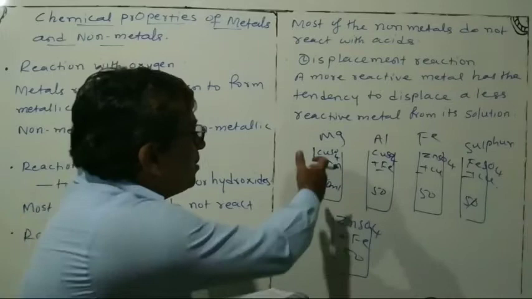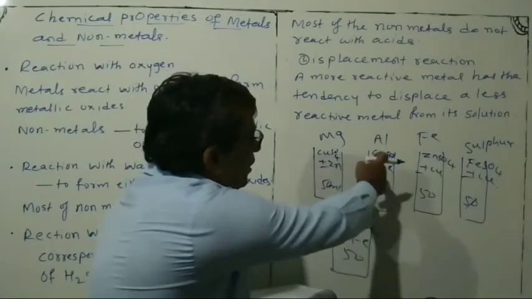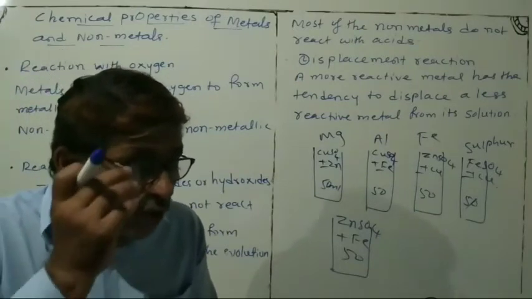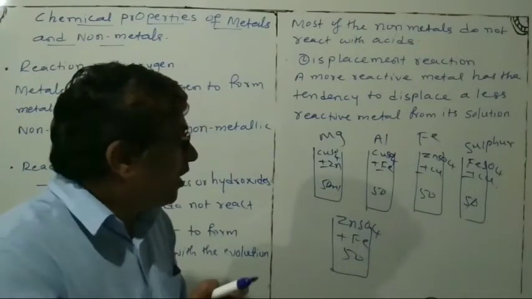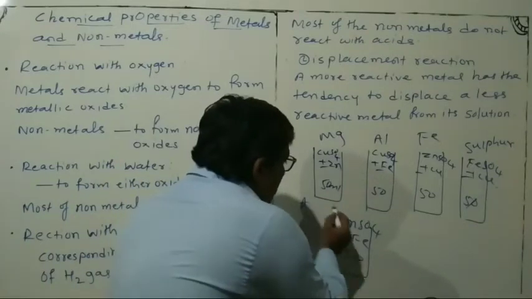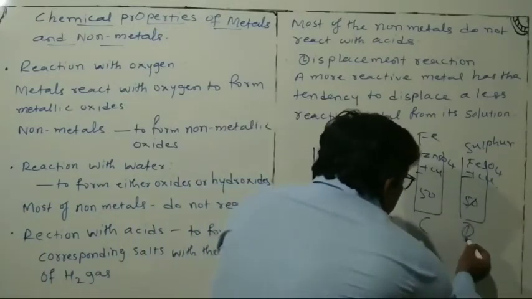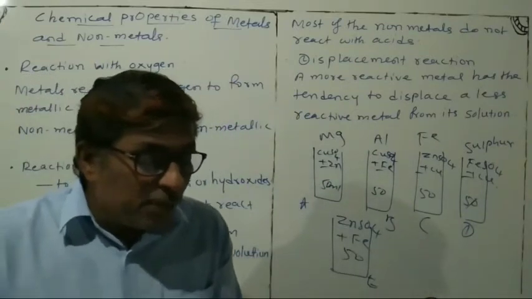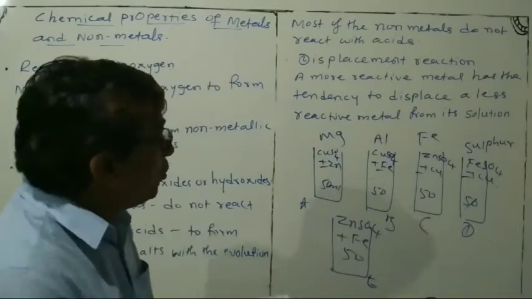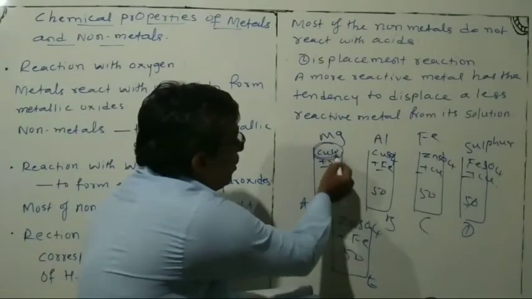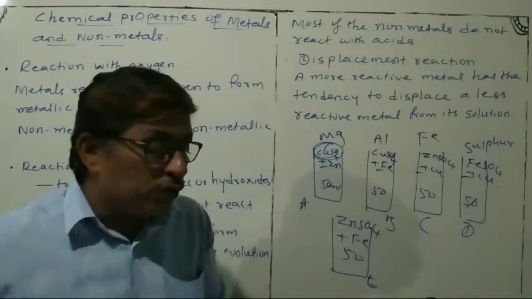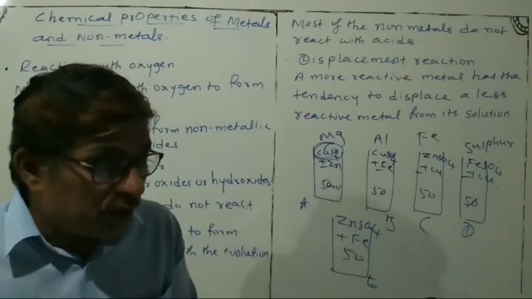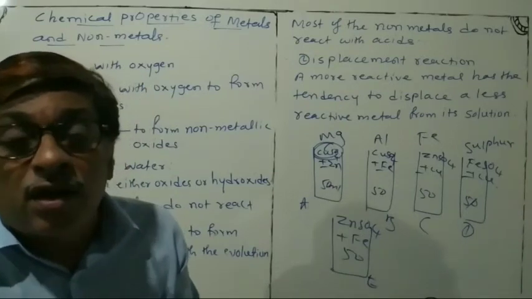So what will you observe, dear students? In beaker A, zinc displaces copper from the copper sulfate solution, and the blue color of the copper sulfate solution changes to colorless.